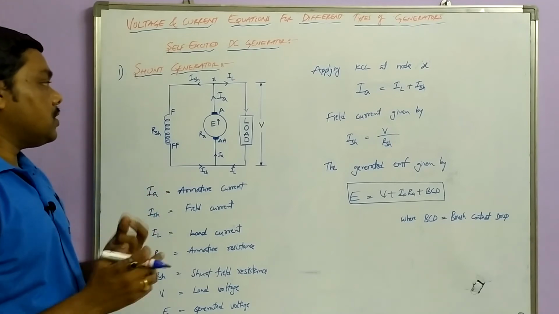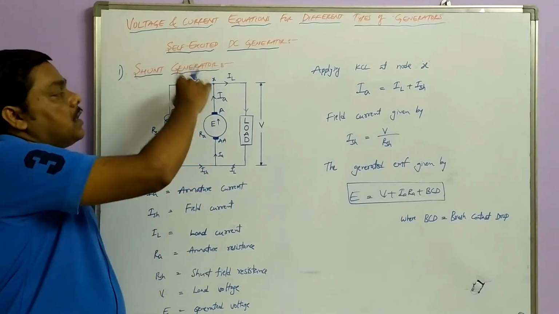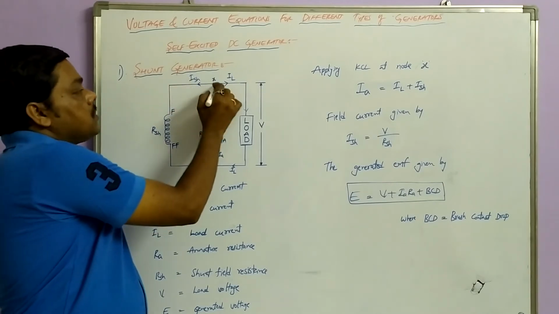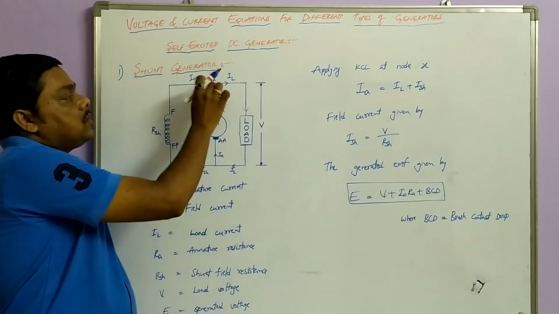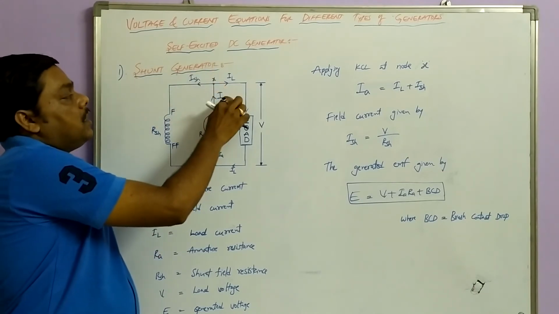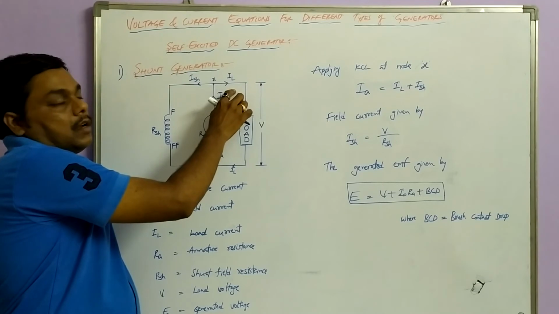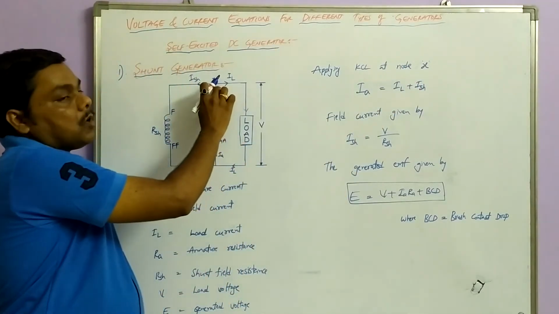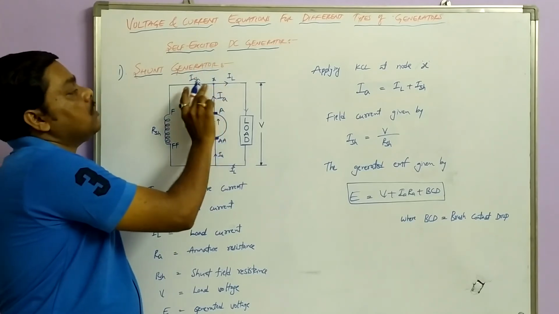Now we will derive the relations between the currents and the generated EMF formula. Let us assume a node X at this point. There are three currents: IA, ISH and IL. Applying KCL at node X, there is one entering current and two leaving currents.